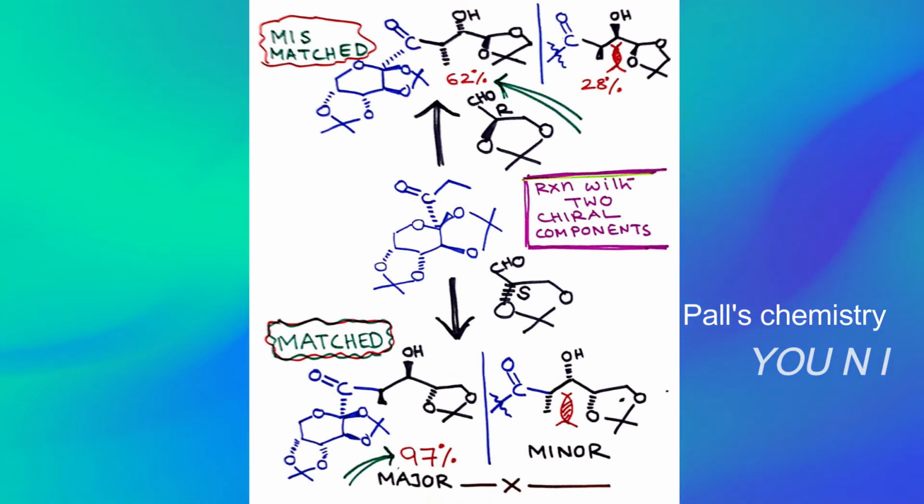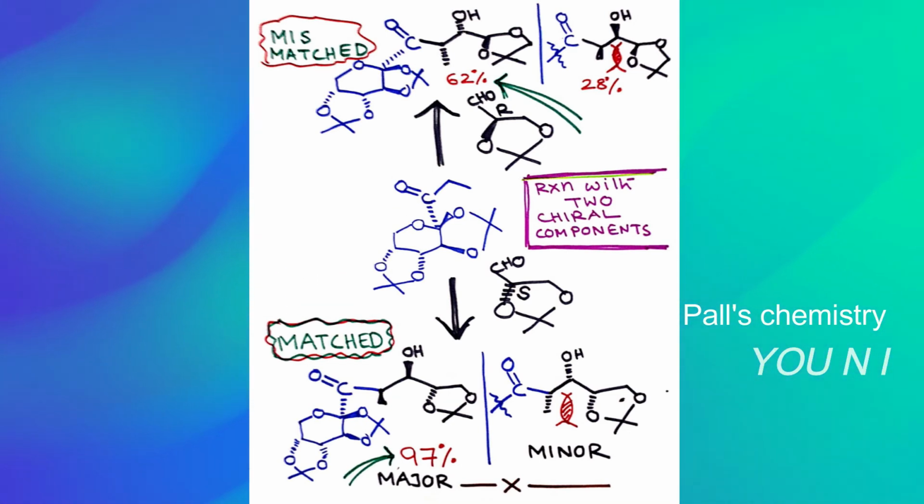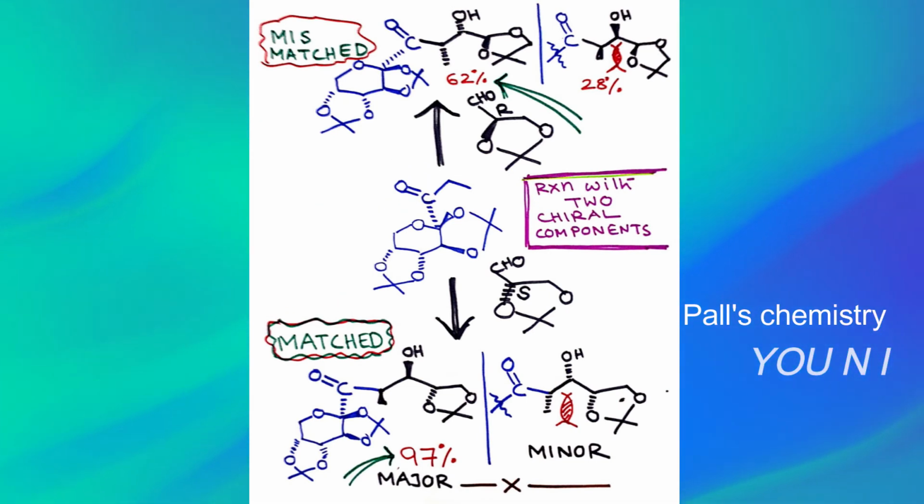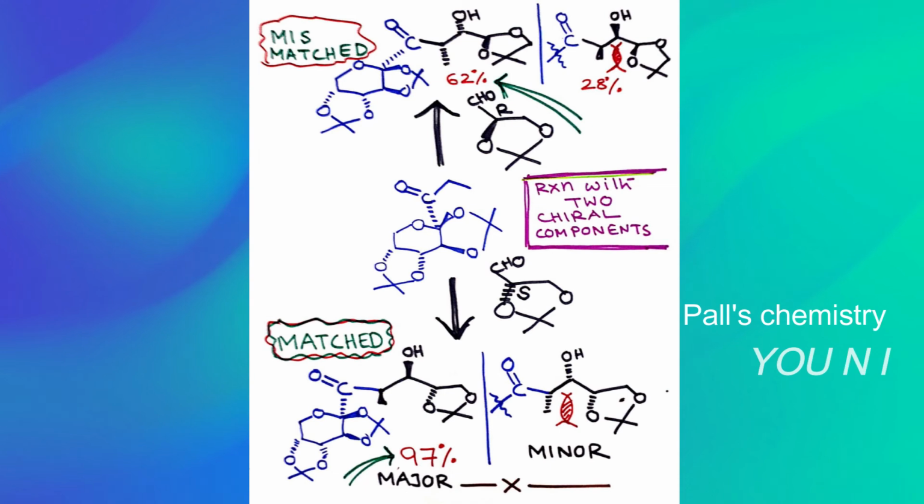Now with respect to this value, when we perform one more aldol reaction where two chiral components are present, we have to check the percentage of the major product. If the percentage of the major product is more than the previous case, either 4.3 or 5, then that will be considered a matched aldol.